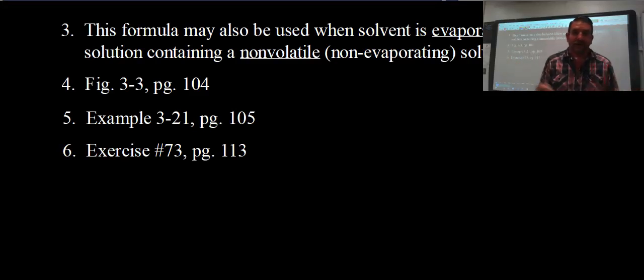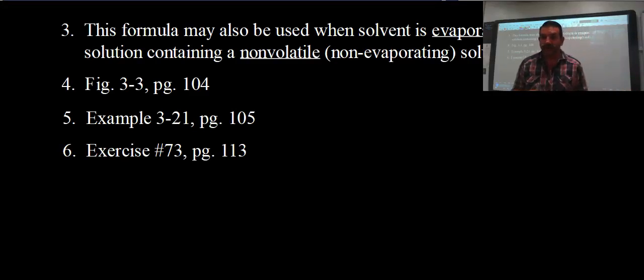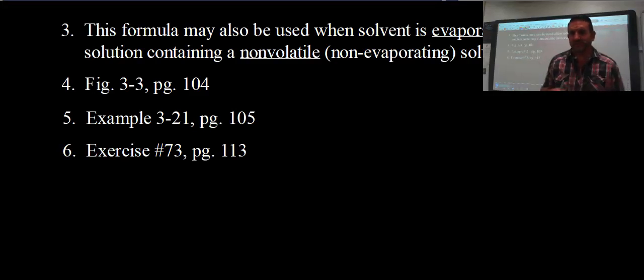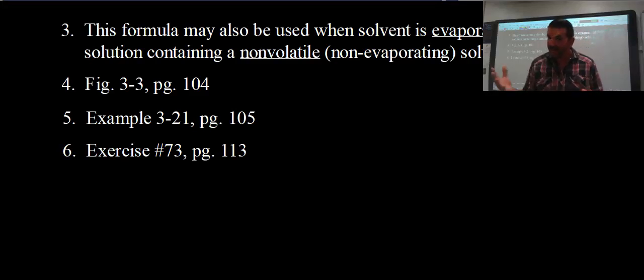So sodium chloride, for example, is a non-volatile solute. Ethanol would be an example of a volatile solute, and then this process would not work. If you heated up a solution of water and ethanol, both the water and the ethanol would evaporate, and I don't know which one would evaporate faster, probably the ethanol. And so who knows what happens with the concentration in that situation.